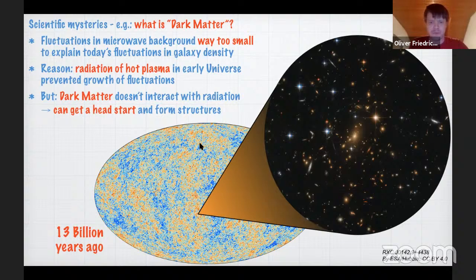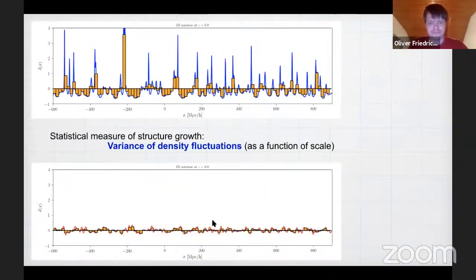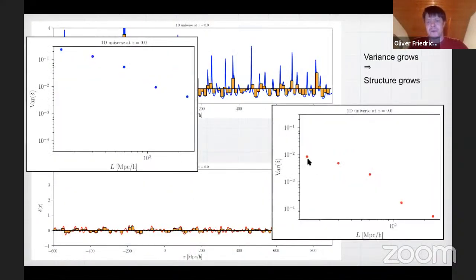So were we to go back, the actual amplitude of fluctuations in this cosmic microwave background map would be way smaller than I'm depicting here, and there's no way that normal gravitational forces could ever push these fluctuations up to the kind of levels that we actually observe today.